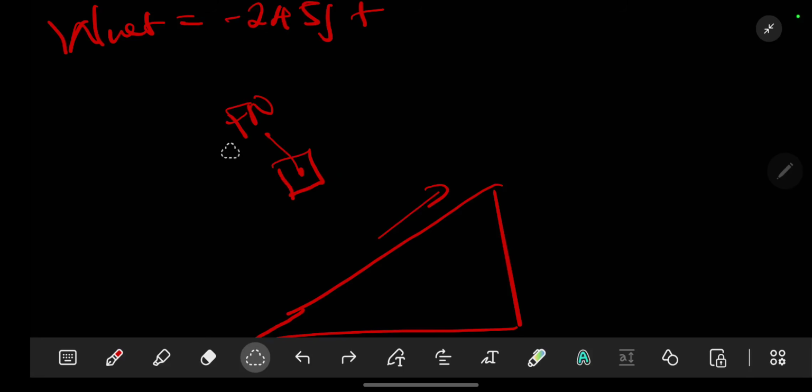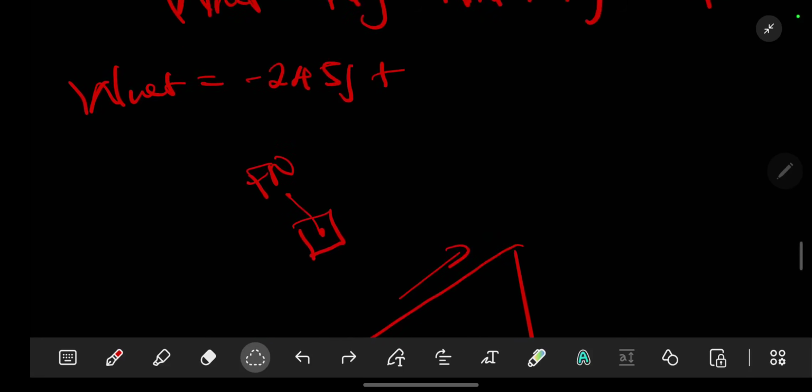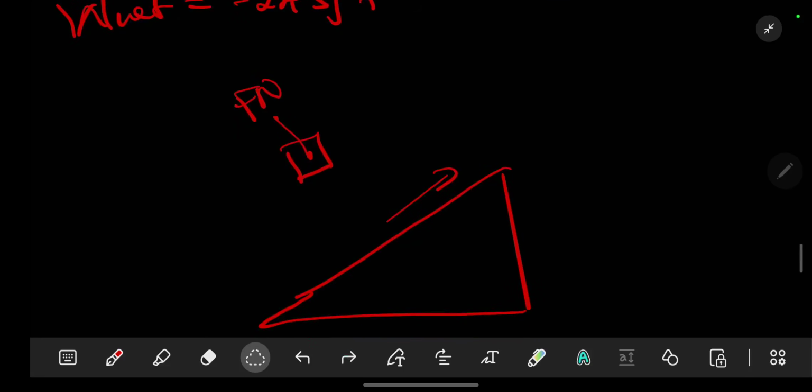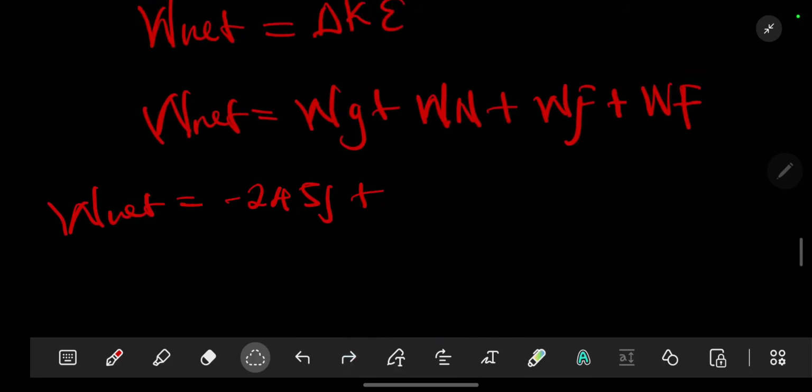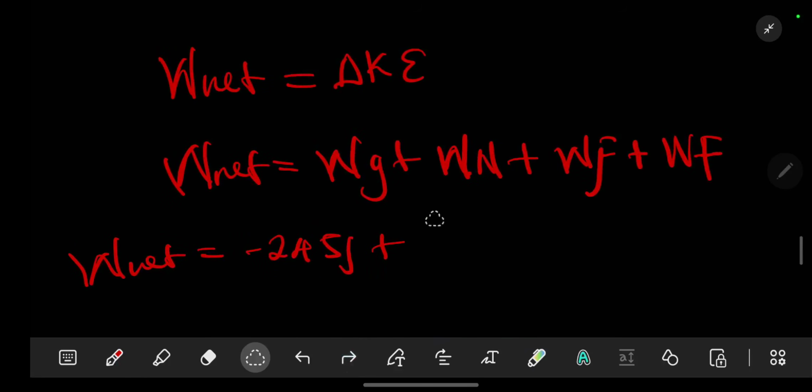So there is no work by the normal force, because the contact is maintained throughout. So we say plus 0 joules, plus the frictional force.